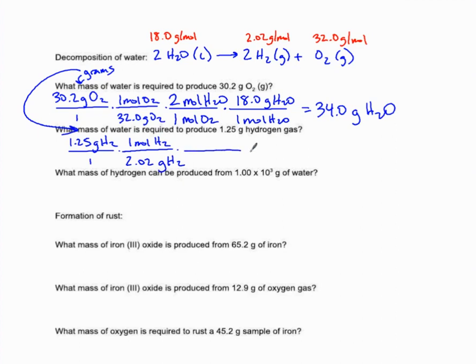Once it's in moles, it's the mole ratio. We're comparing hydrogen and water. Both of them have coefficients of 2. And then 1 mole of water is 18.0 grams. And it comes out to be a mass of 11.1 grams of H2O.